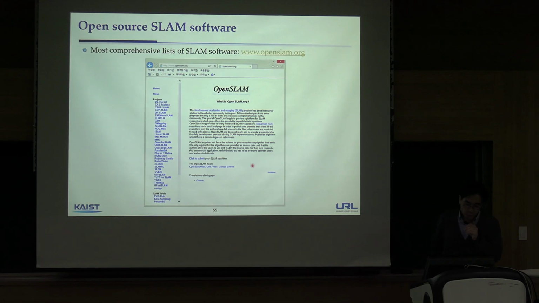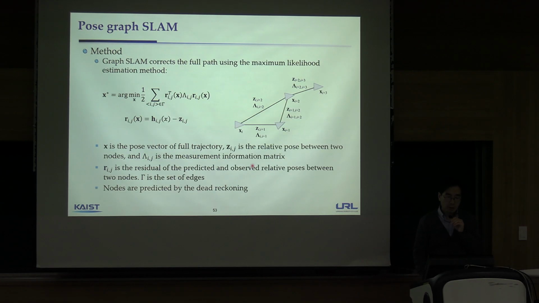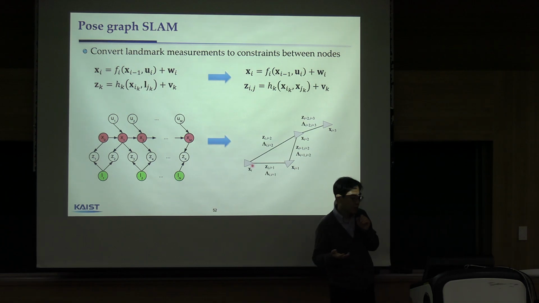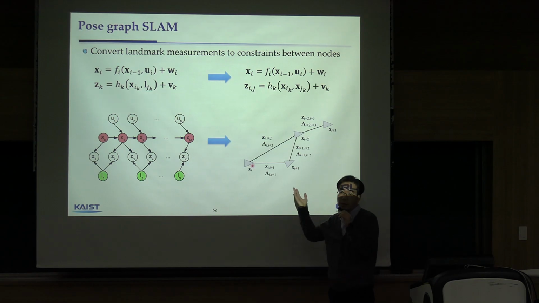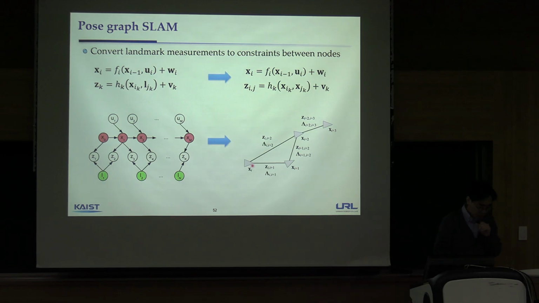Okay, so this is also open source SLAM software. So you can visit the website and see some legacy algorithms like here. And this also shows the links, websites for the SLAM libraries. But in your experiment, I heard that you will use Cartographer SLAM. That will be based on graph-based SLAM, and that was already implemented, so you can just use that for your own purpose.